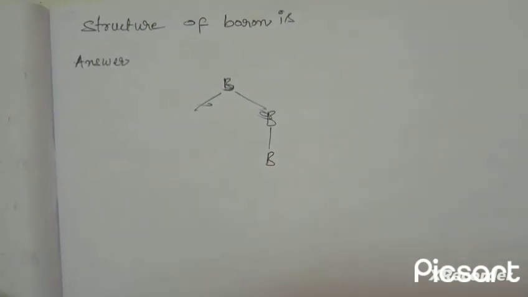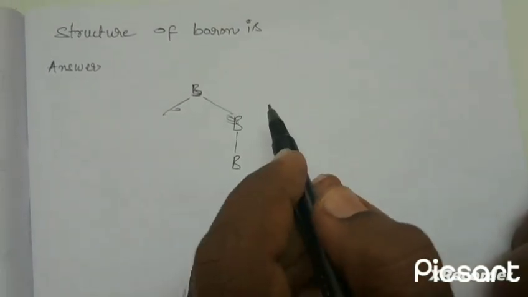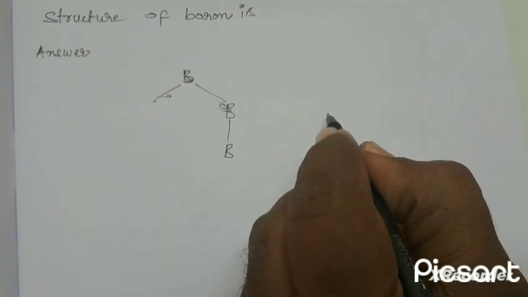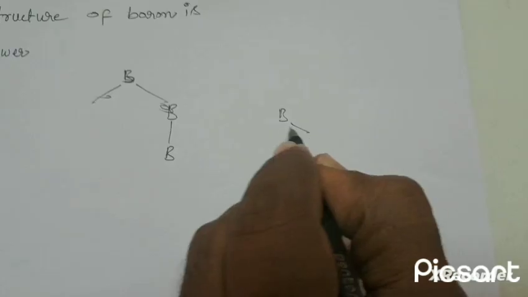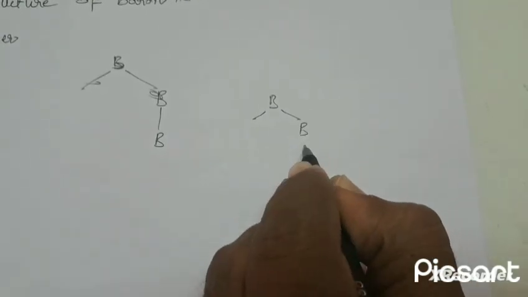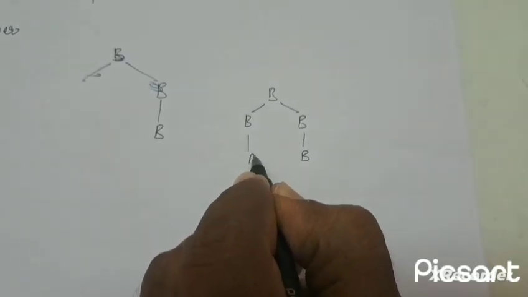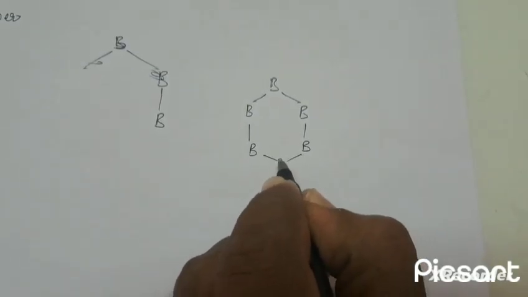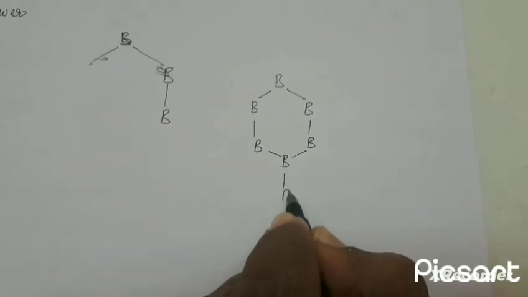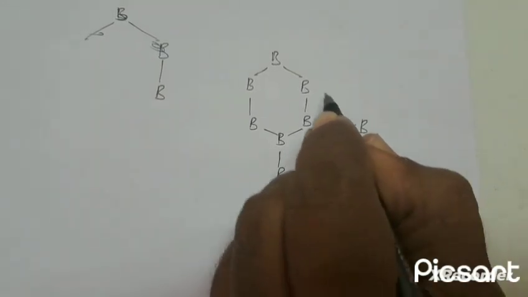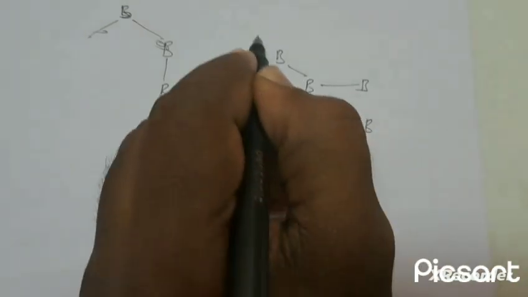So, generally the fundamental building block of boron structure is made up of 12 boron atoms. These 12 boron atoms are present on the 12 corners of the structure.